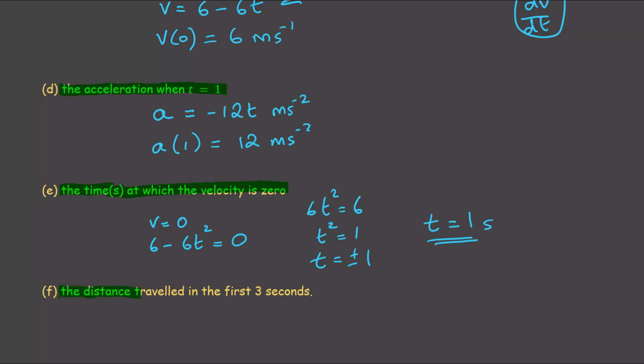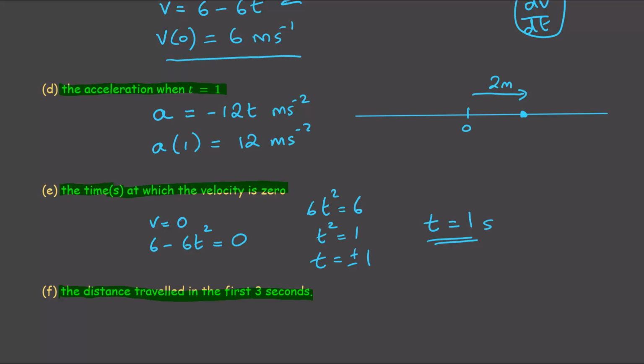And now we want the distance travelled in the first 3 seconds. There's a couple of different ways of doing this. This is the line along which our particle is travelling, and let's say this is the fixed point O. We know that initially it is at a point which is 2 meters to the right.